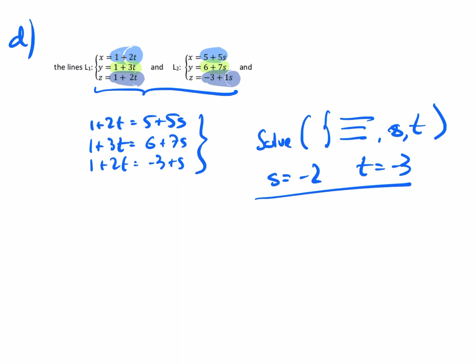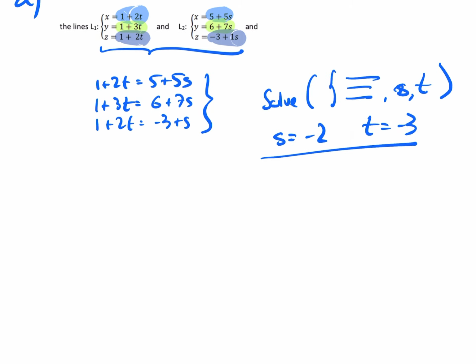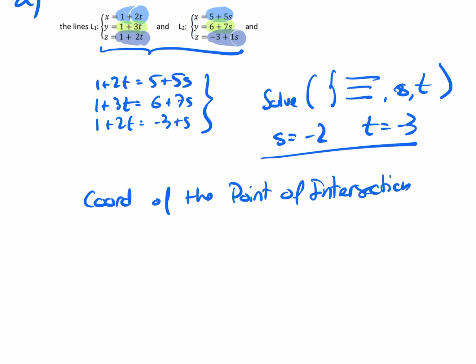Once we've got these values, we need to insert the s value in L2 or the t value in L1. These will give us the coordinates of the point, and the coordinates of the point of intersection are (-5, -8, -5).